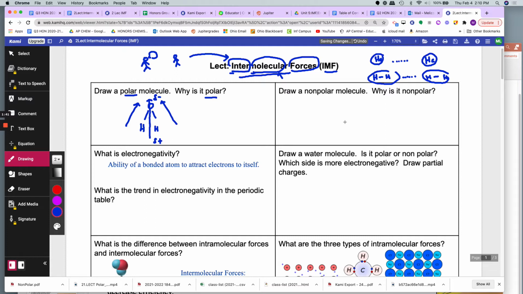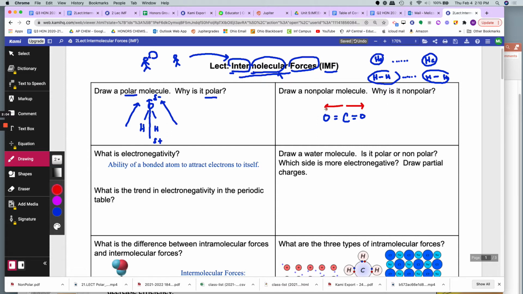Okay, let's do another example. This is carbon dioxide. Carbon dioxide is nonpolar. Even though the carbon-oxygen bond is polar, where the electrons will go towards the oxygen because it's more electronegative, there's a vector force pulling to the right, and in this CO bond, the electrons are also going towards the right.